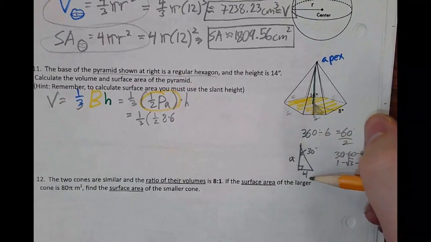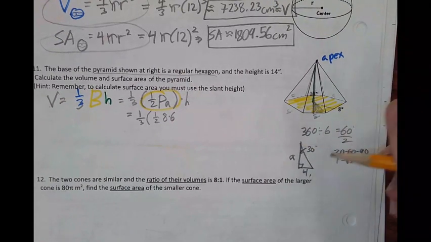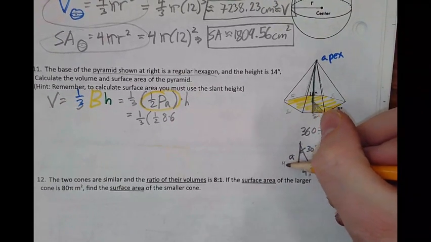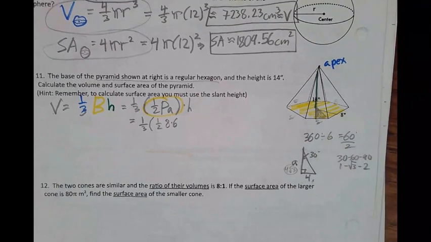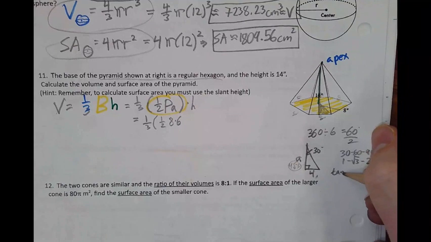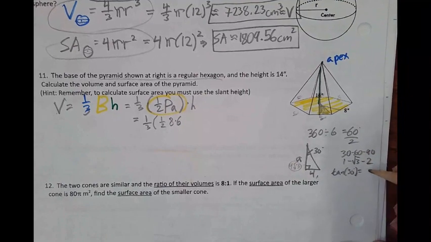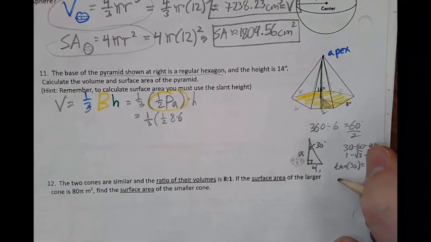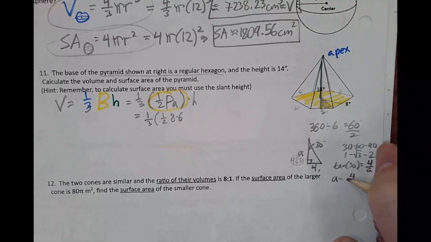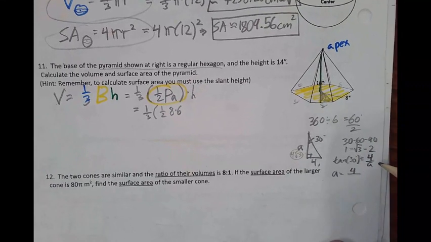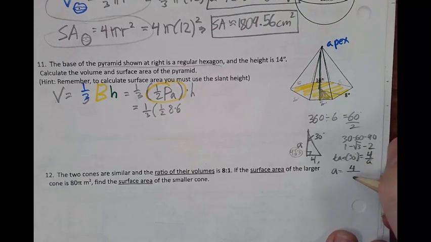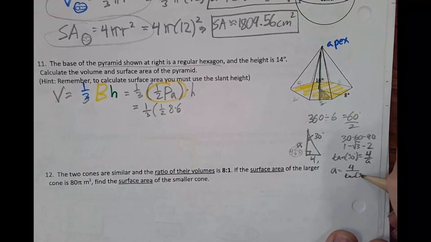So we know that the answer right away is going to be 4√3 if you use special right triangles. But you can also use tangent. Tangent of 30 degrees equals 4 over A. So A is equal to 4 divided by the tangent of 30.